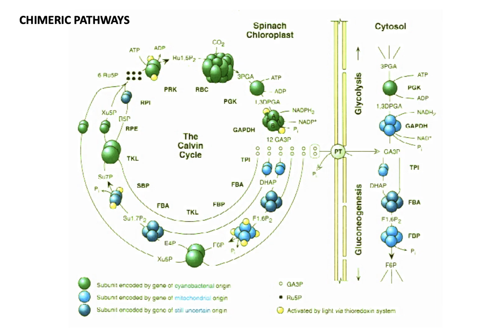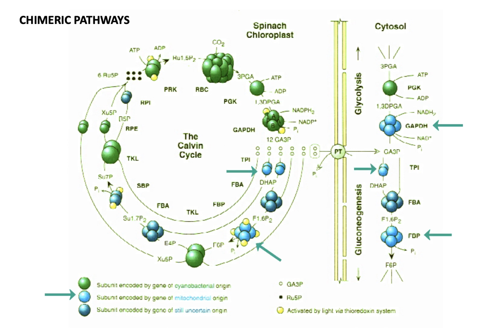So here is an example of that in a spinach chloroplast, and then there's the spinach cytosol on the right-hand side. And this is showing the enzymes involved in the Calvin cycle and also in glycolysis and gluconeogenesis. All of the enzymes that are colored in green originated from cyanobacteria.